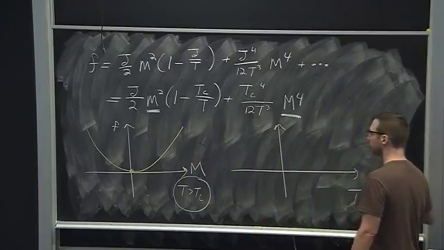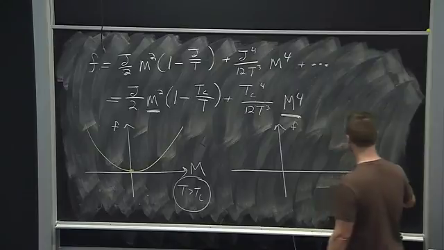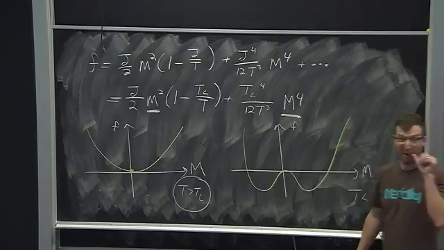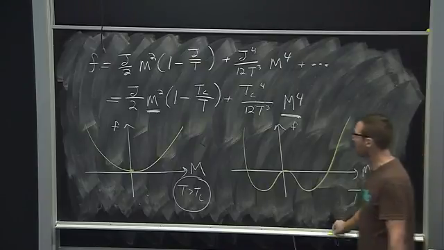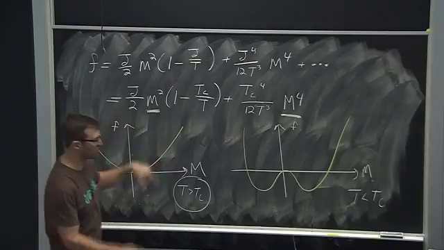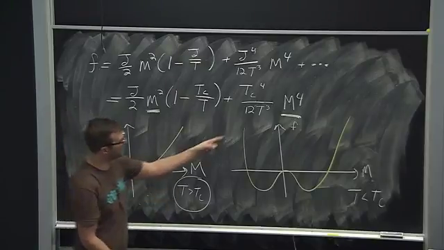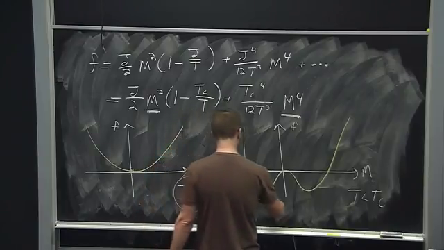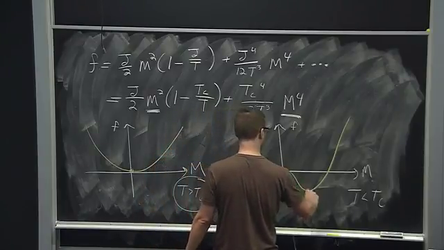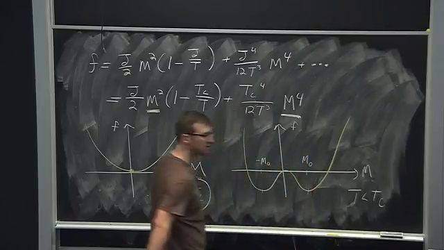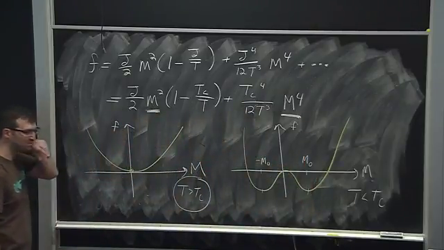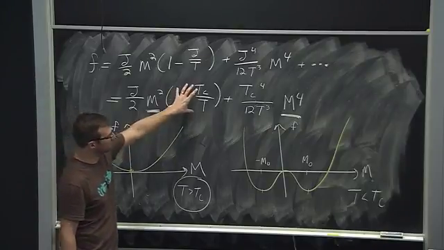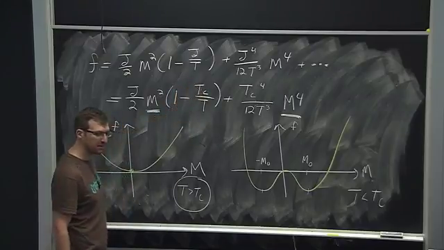For T less than Tc, you get something that looks like this. Okay, so this has changed sign. So your parabola is upside down, but then your m fourth piece keeps it all bounded here. And you have two solutions, minus m naught and m naught. So it's a difference between this being positive and this being negative, basically.